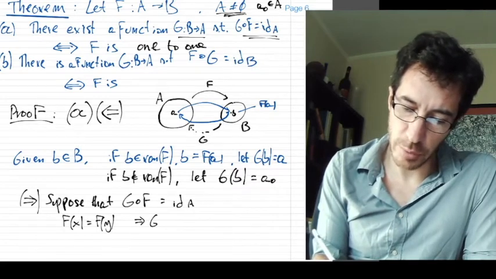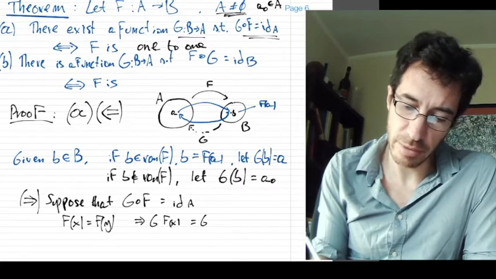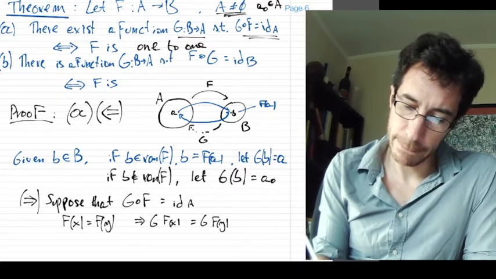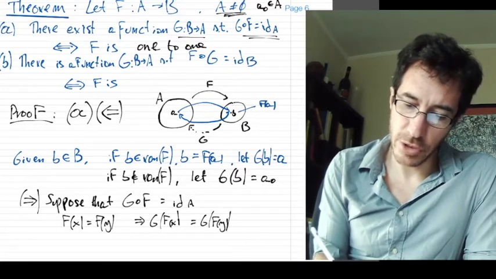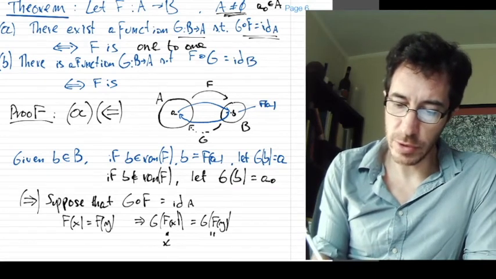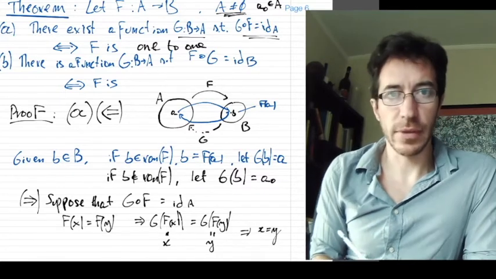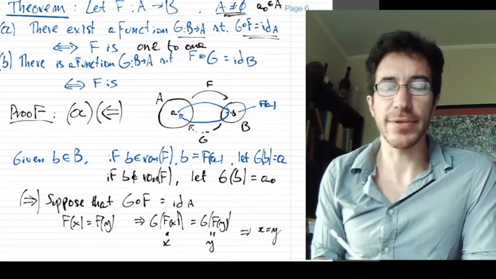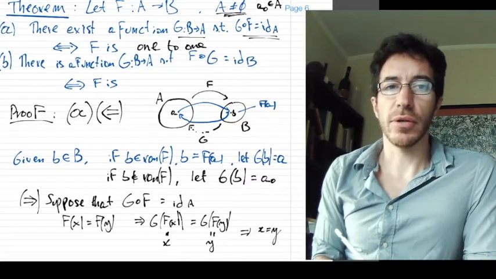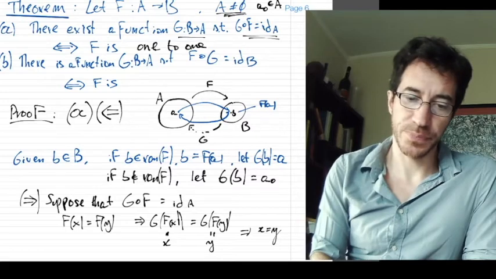If you apply G on both sides, these two should still be equal because we're applying G to the same thing. And G composed with F is nothing but the identity, so this one should be x, and this one should be y. So we get x equals y. Alright, so it has to be one-to-one. There was no other option but for it to be one-to-one if you wanted to build such a G.